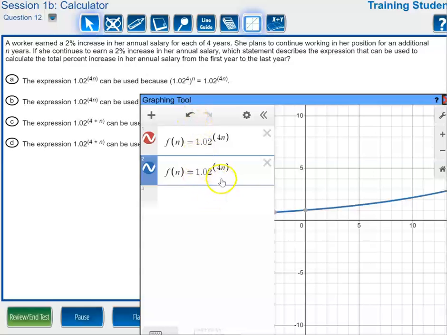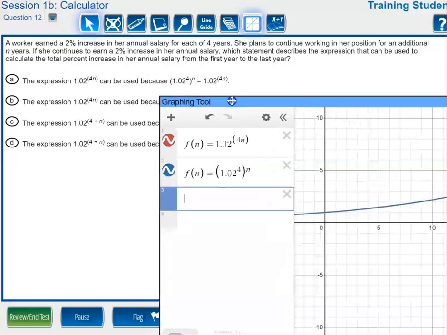I guess I should type not the same exact thing, so let's try this again. Shift 6, and then n, and it is the same. See, it didn't matter. So A works. That can be used because of that.